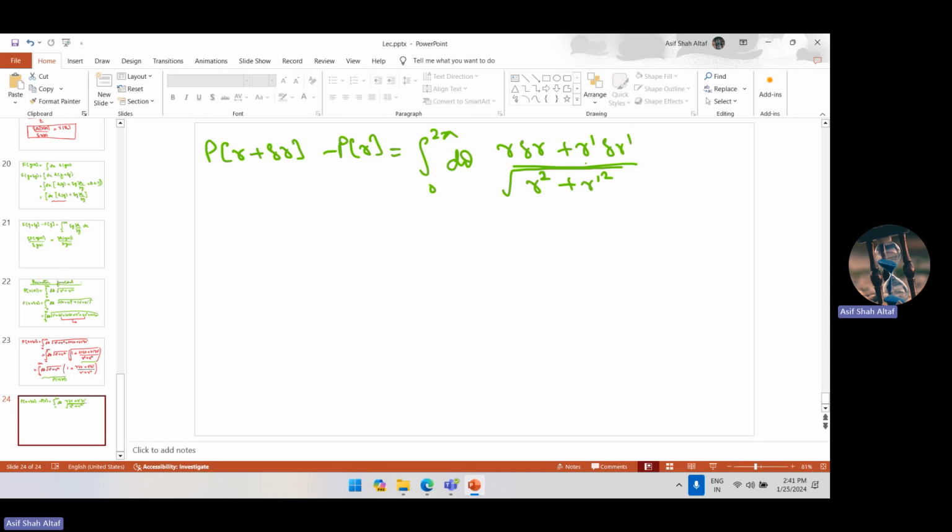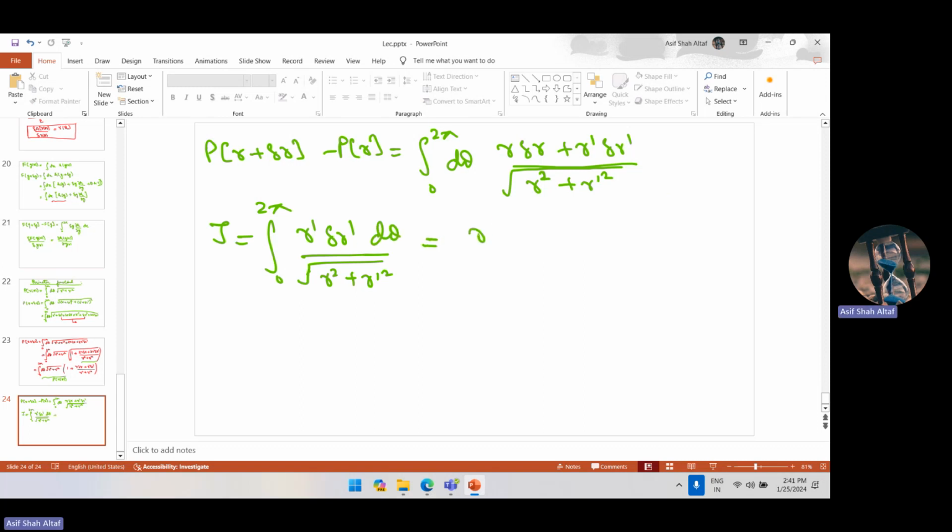So how do we do that? We will use integration by parts on the second part. Okay, not on the first part because we need to change this to delta r, right? So let's call that thing j. So let me write it here. So what we need to do is we need to find integration by parts here.